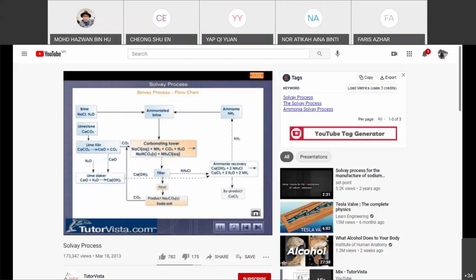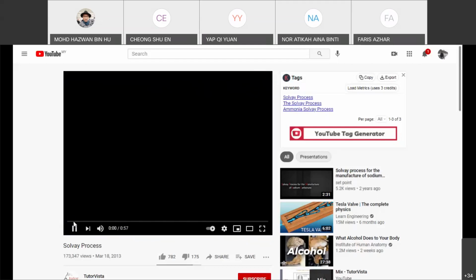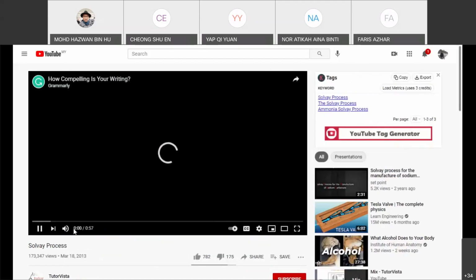More or less, it is the reaction that we have seen for the Solvay process.